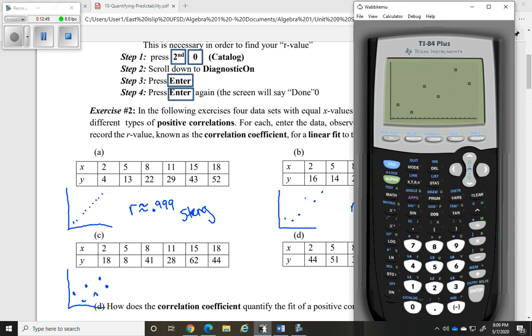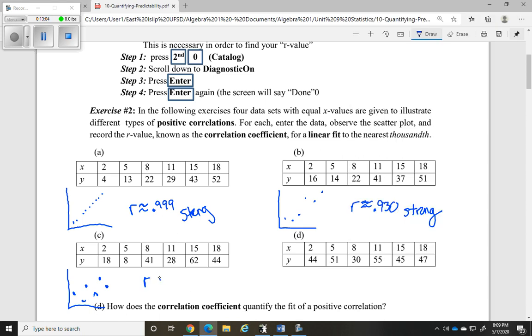If I were to look at the R value, I have to go over to calc and do a linear regression. Notice it's 0.776. I would consider that moderate. Because it's less than 0.8.